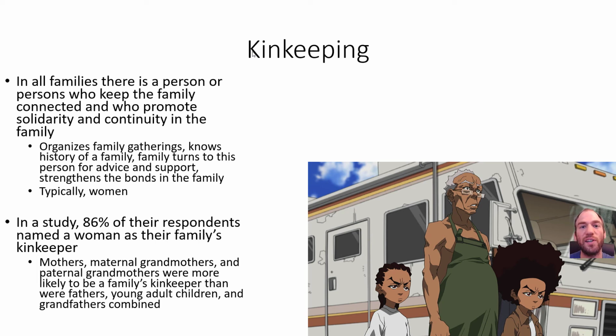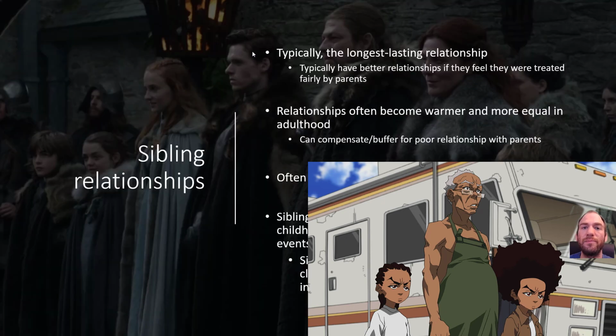Taking on that social role serves as a protective factor for each individual, but also for the family as its own social unit. So it's not just a separate set of individuals, but this circle, this developmental unit, this group, in this case the family, being positively affected by this kin keeper and the actions of the kin keeper.